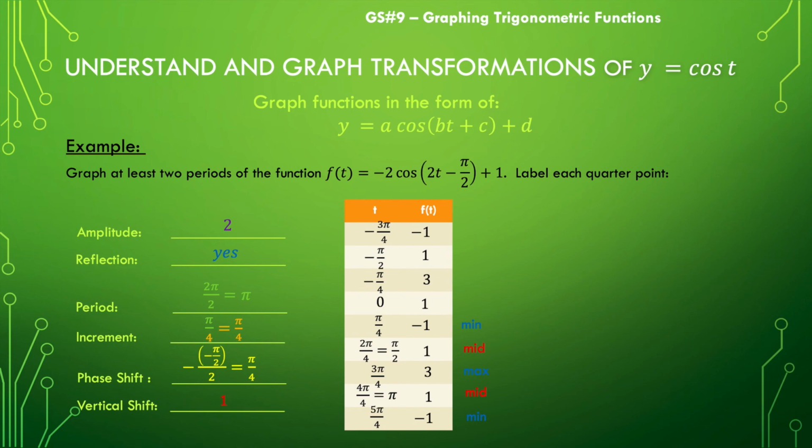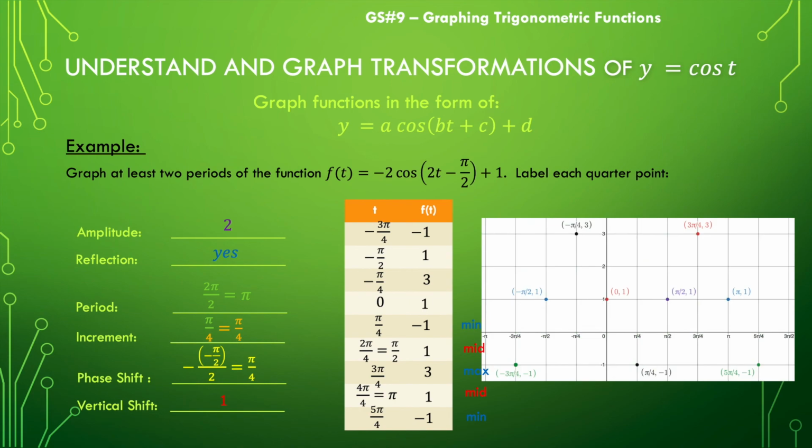As we plot those points, we can see our pattern emerge. Then we can sketch the curve between them, making sure that it looks like a wave. And this is a very nice cosine graph that we can see has been shifted up 1 and shifted to the right π over 4.